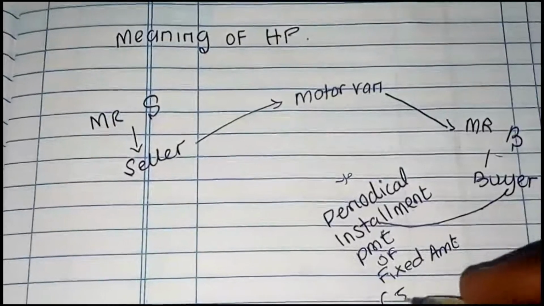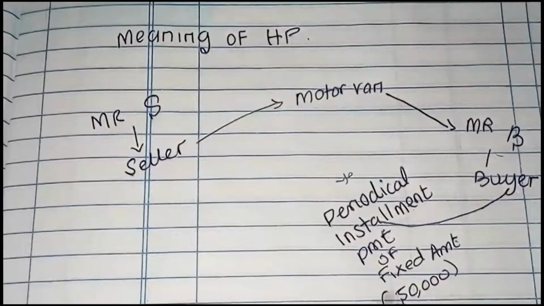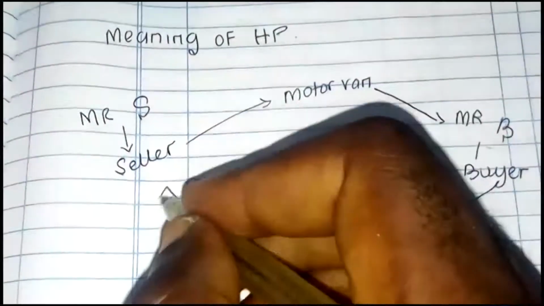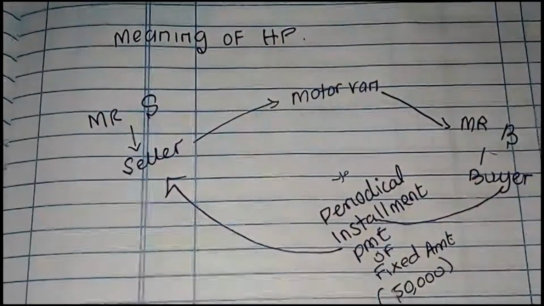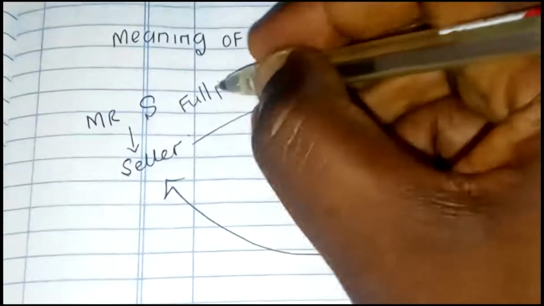Take for example, say 50,000 naira every year, periodical installments to Mr. S, until the full price is completed.